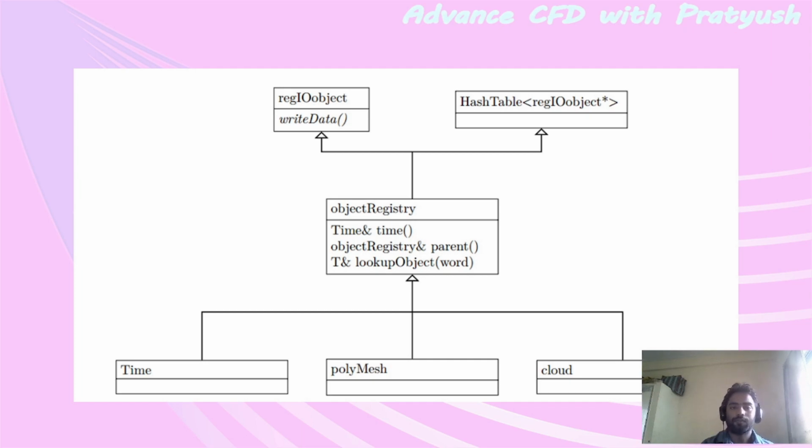The first important thing is that whenever you declare an object of time, it is going to be registered in the object registry. Also, when you declare a mesh like polymesh, that is also going to be registered in the object registry.